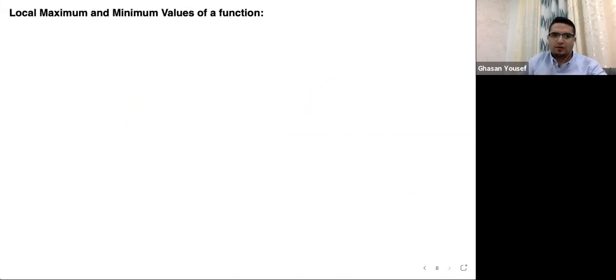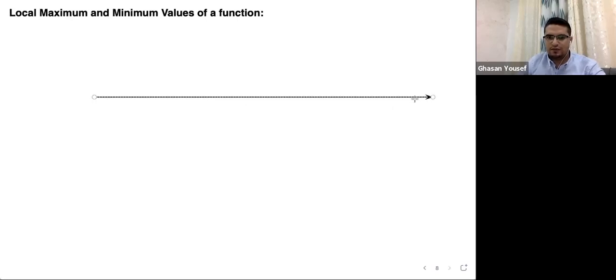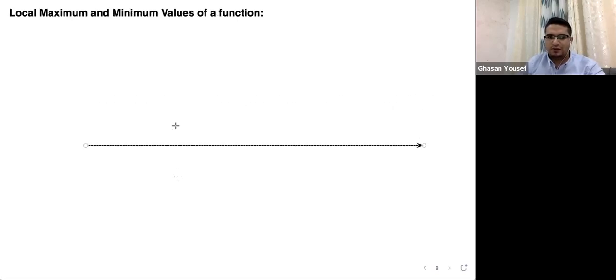So I'm going to show you in the graph the local maximum and local minimum, and we're going to finish this lecture for today. Suppose my function looks like this, going up like this, going down.